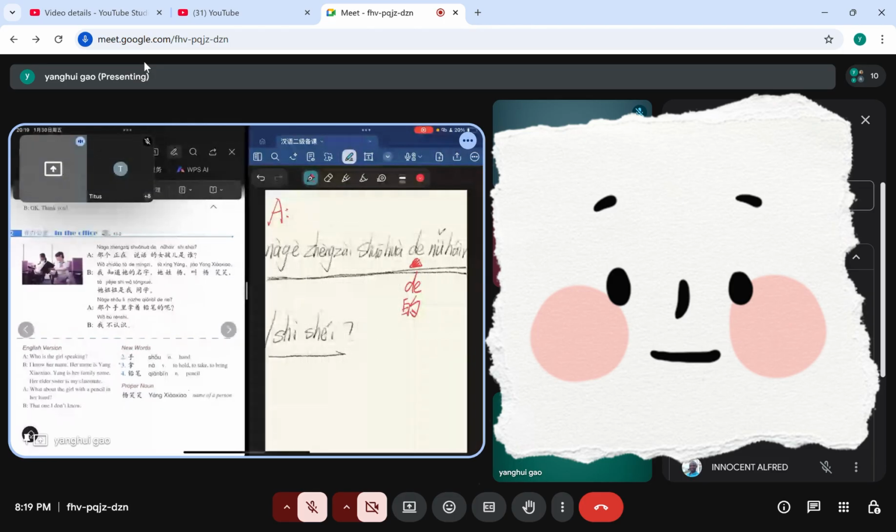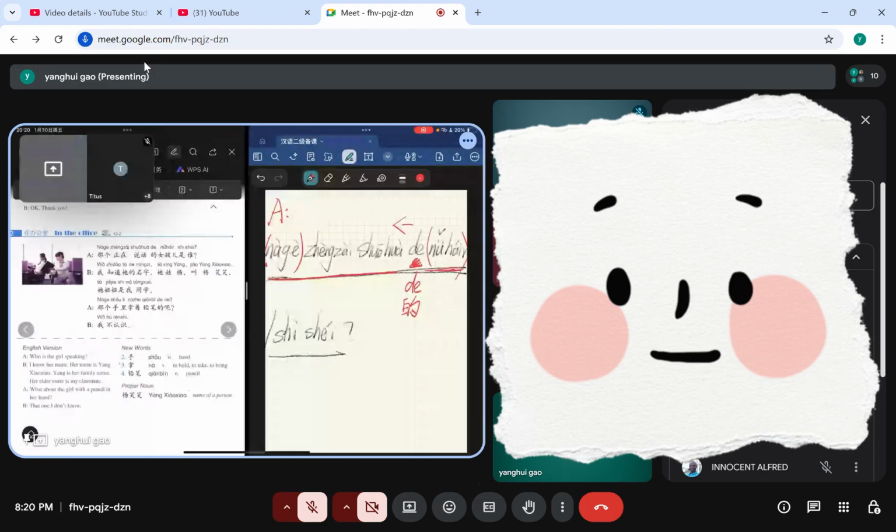The part before 的 is the modifier, and after it, 女孩, a girl, is the head noun.